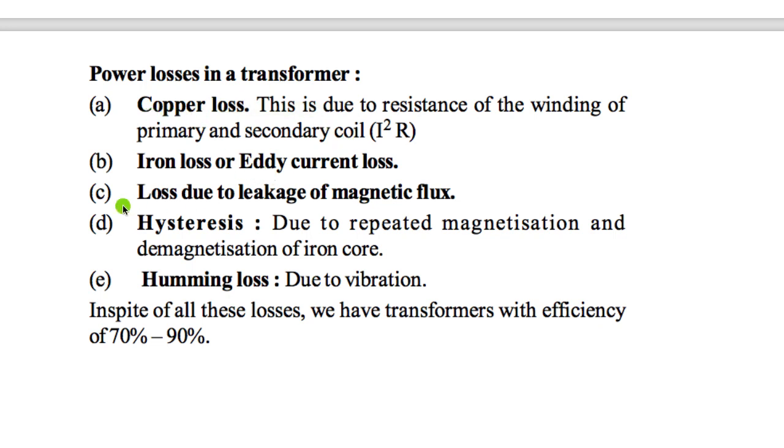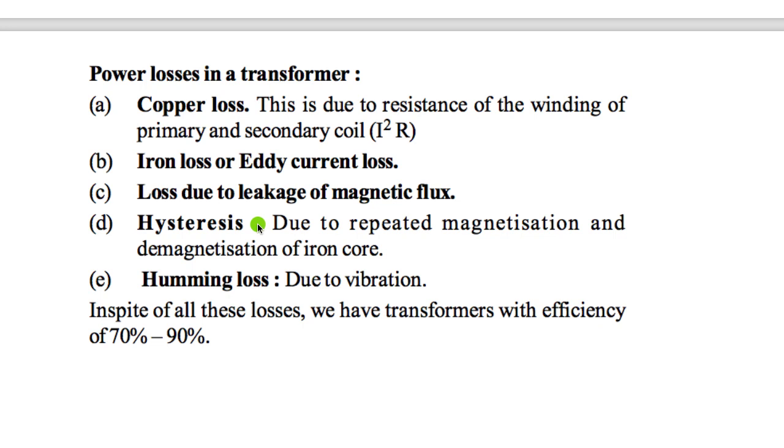Next is the loss due to the leakage of the magnetic flux. Here, the entire magnetic flux is not linked with the secondary coil or primary coil. That is called the loss due to the leakage of the magnetic flux. Next one is the loss due to hysteresis. The area under the hysteresis curve indicates the hysteresis loss.